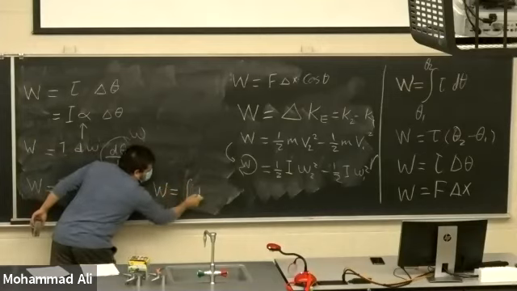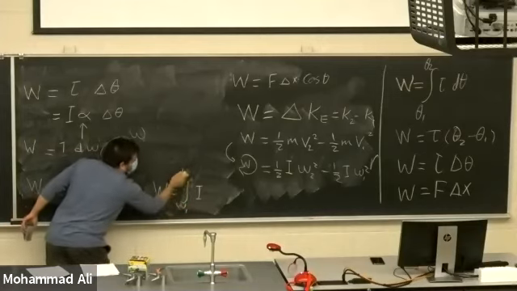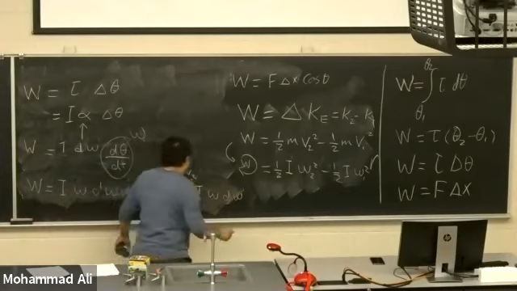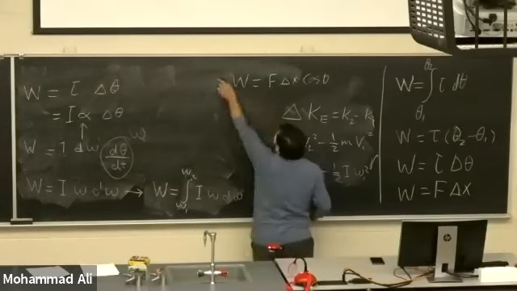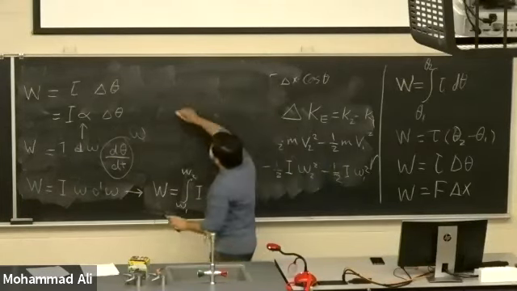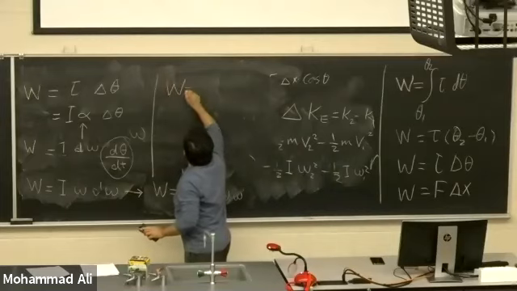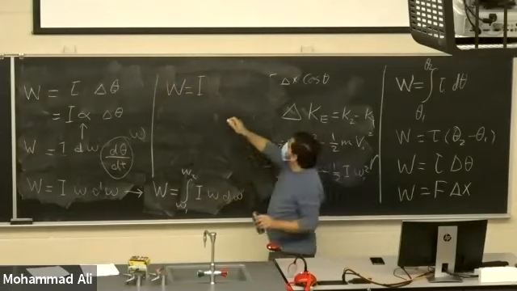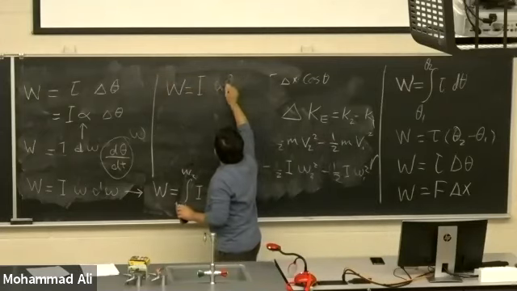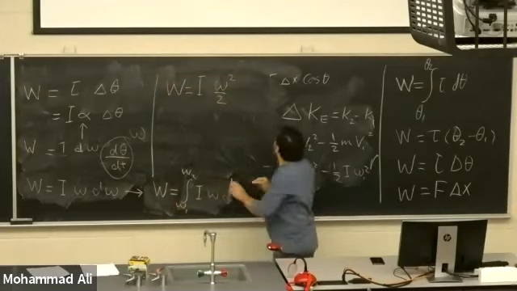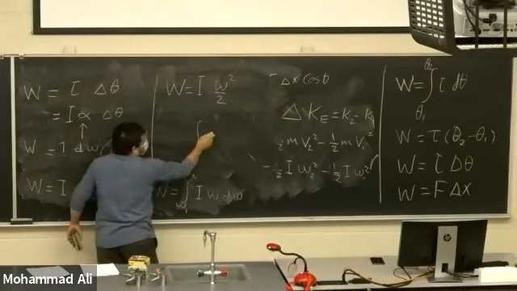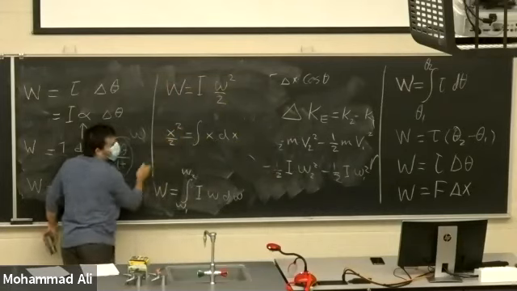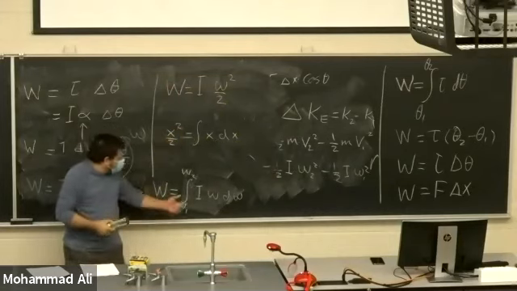Equal to the integration of I from omega 1 to omega 2 of omega d omega. What is this equal to? The work is equal to I times the integration of omega d omega. It is omega squared over 2. Right? When we integrate x dx, it is equal to x squared over 2. Now we integrate omega d omega.